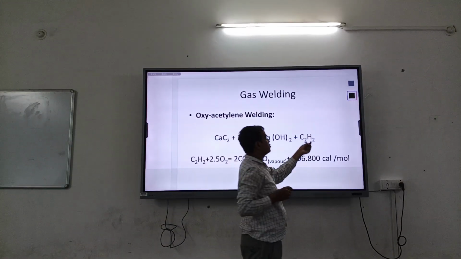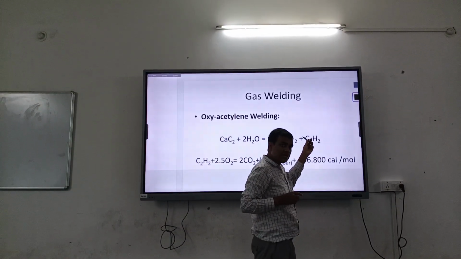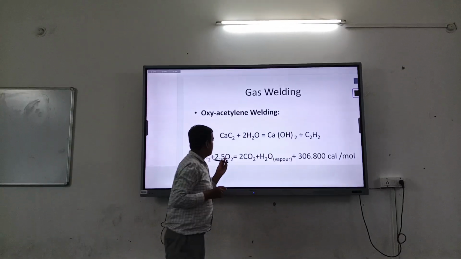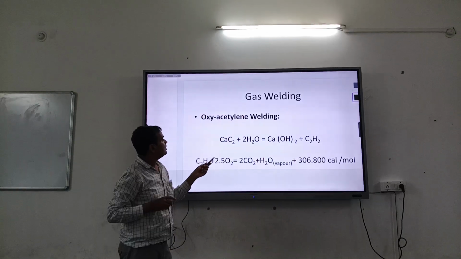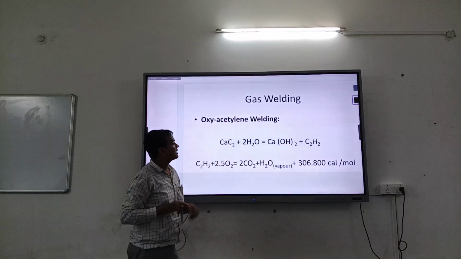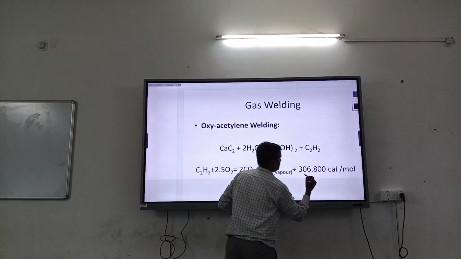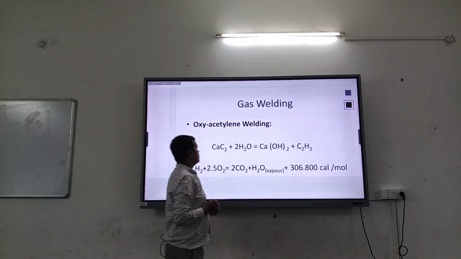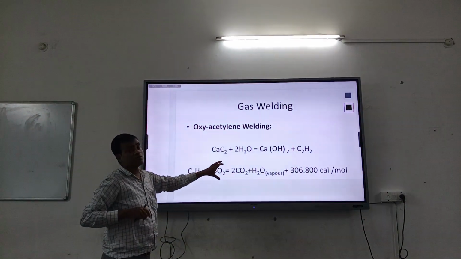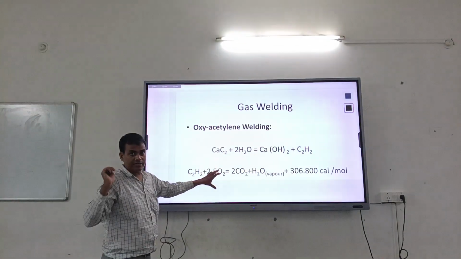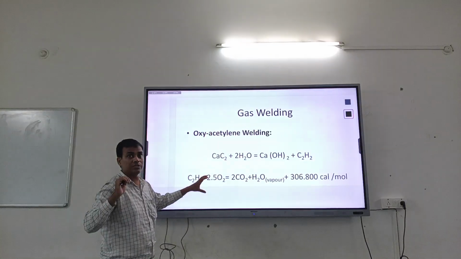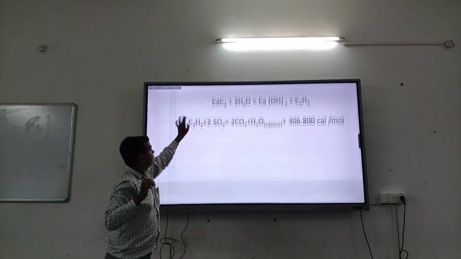This acetylene gas is stored in the acetylene gas chamber, and it provides some heat. So this process is a chemical reaction, an exothermic reaction, because it liberates heat during the chemical reaction.